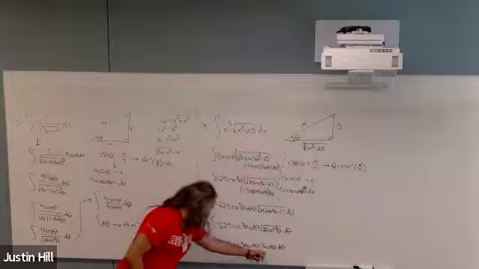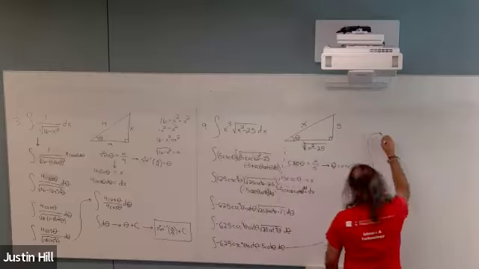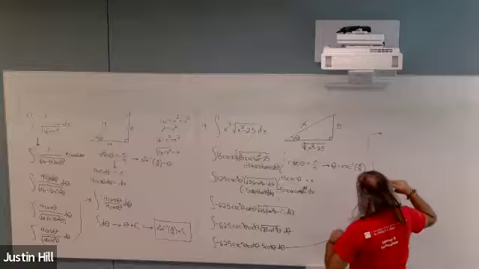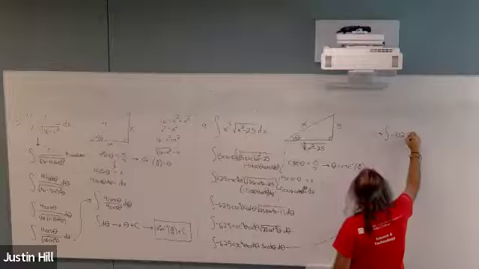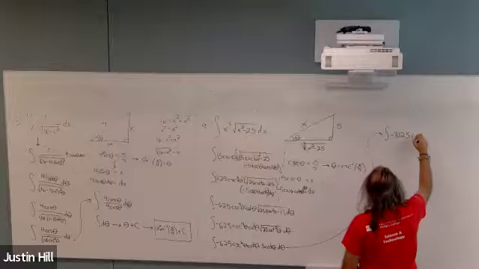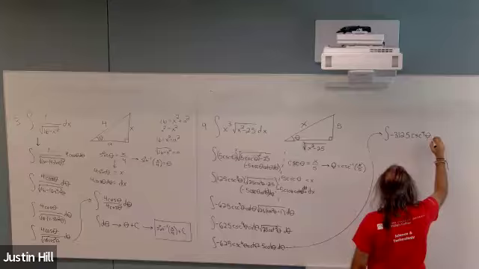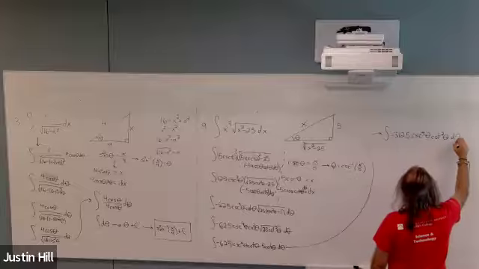Now notice I can multiply that farther in. In grand total, 5 times 625 is 3125. So the integral of -3125 cosecant to the 4th theta cotangent squared theta d theta.